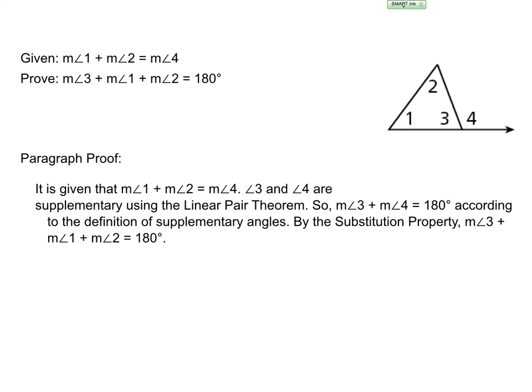When you're going through, do you recognize statement, reason, reason? If you switch this into a two-column, what goes line 1 statement, line 1 reason, line 2 statement, line 2 reason.